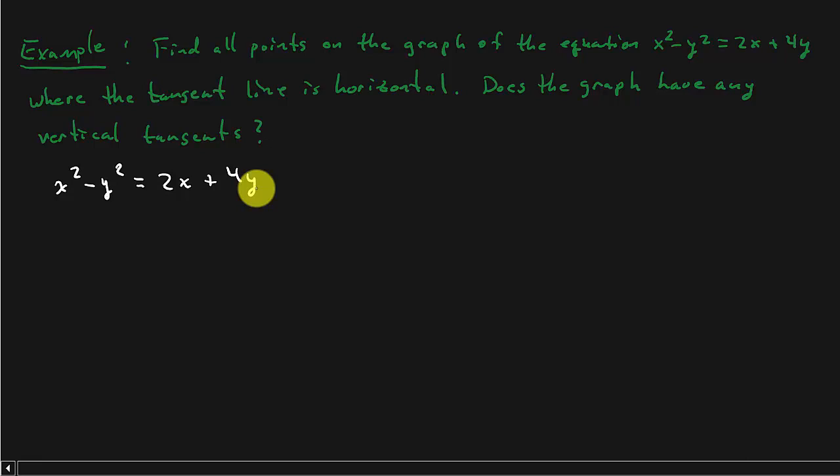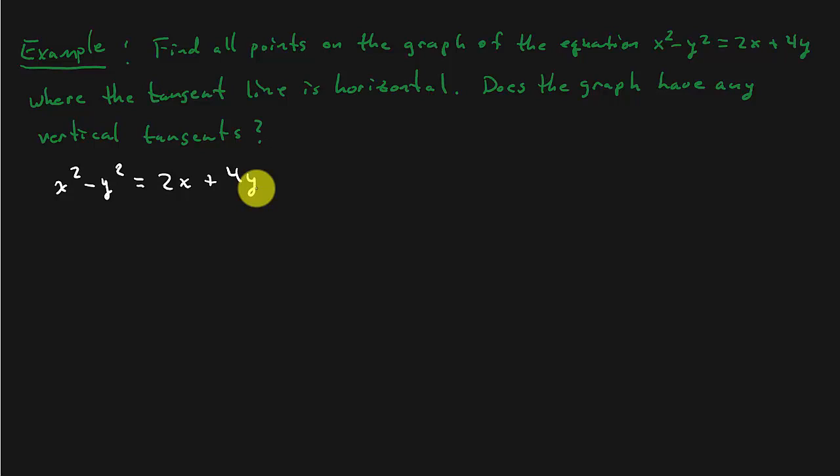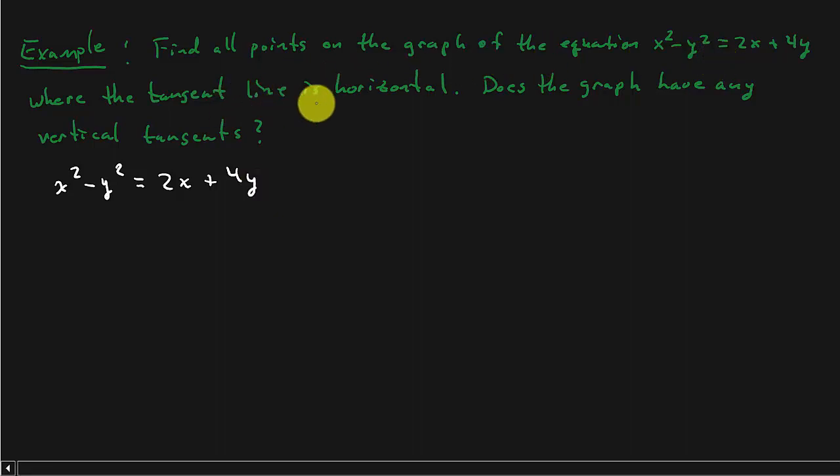So let's see what we've got. How do we work this? Well, it says find all points on this graph where the tangent line is horizontal. So basically what we want to do here is find the derivative of this. Then we need to set it equal to 0 and solve.